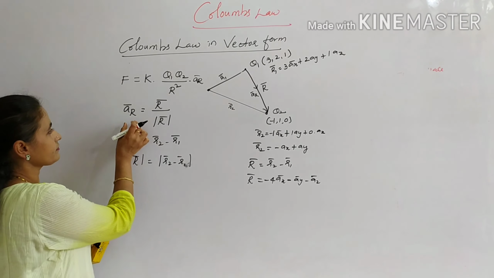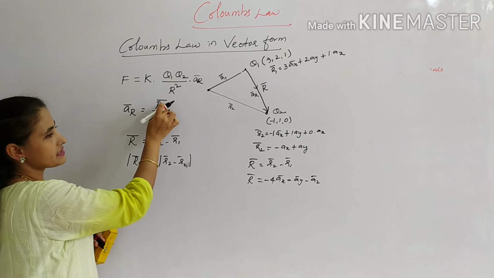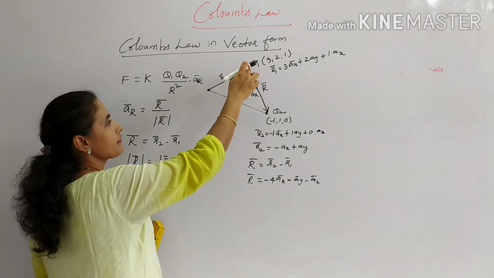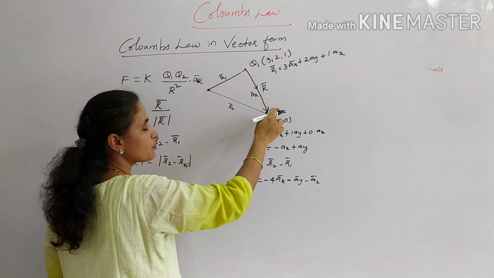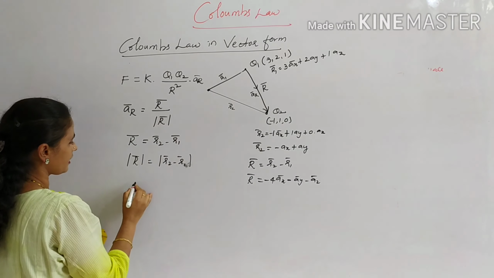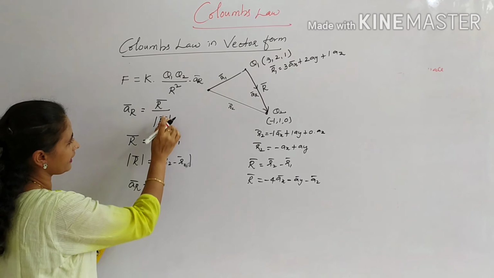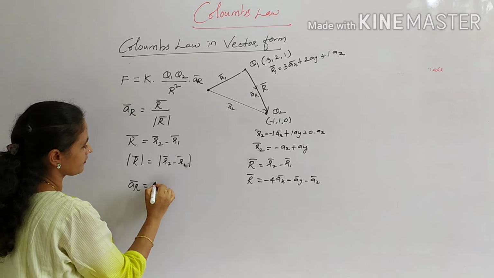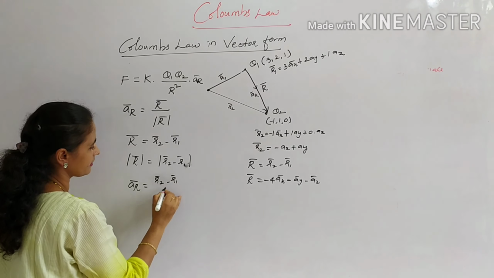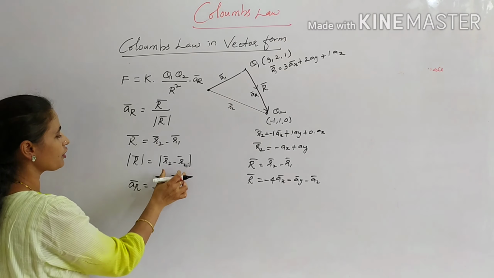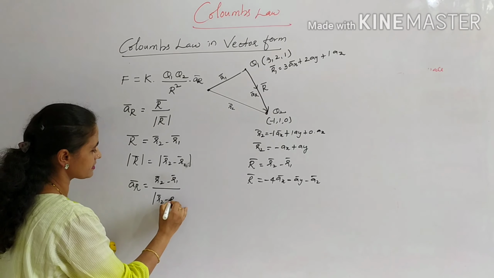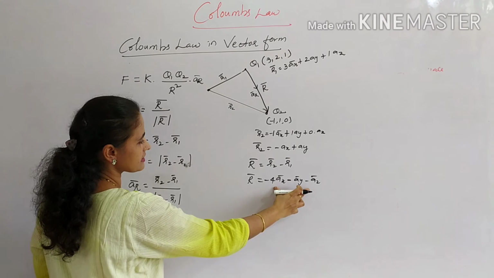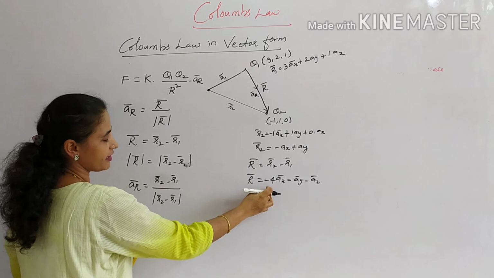So the unit vector is given by the distance vector divided by the magnitude of the distance vector. What is the distance vector? The distance from the point q1 to q2. So the unit vector ar is given by the distance vector r bar, which is nothing but r2 minus r1, divided by the magnitude of r2 minus r1. What is the magnitude?